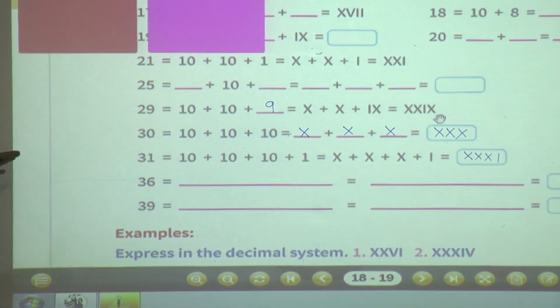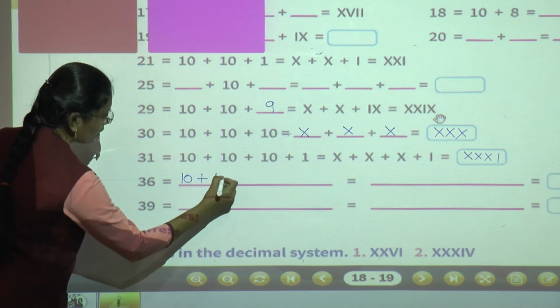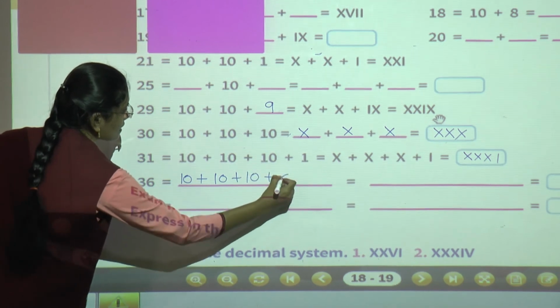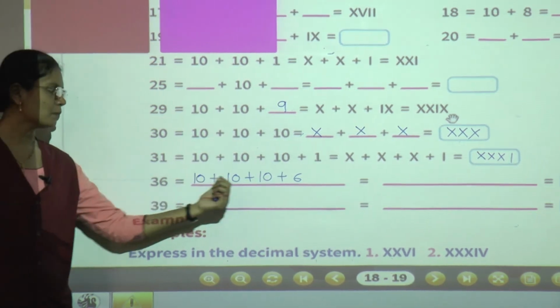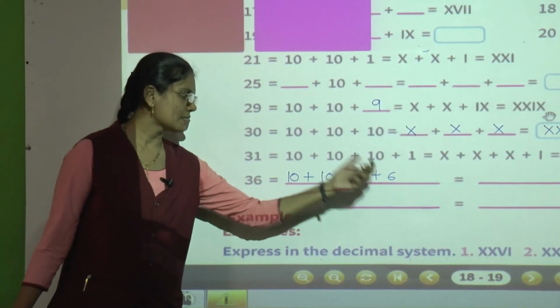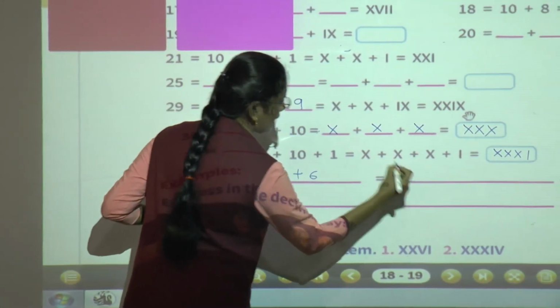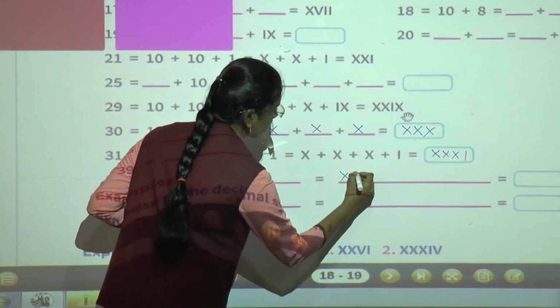Now the number is 36. Then what will we do? Yes, we will split up the number: 10 plus 10 plus 10 plus 6. 36 is nothing but 10 plus 10 plus 10 plus 6. Now for 10, yes, we are using X. Again 10 is there. 3 times 10 is there, na?